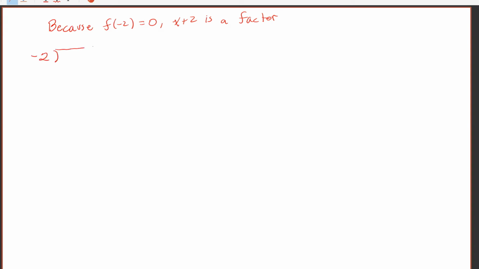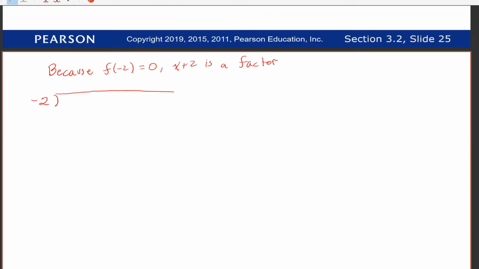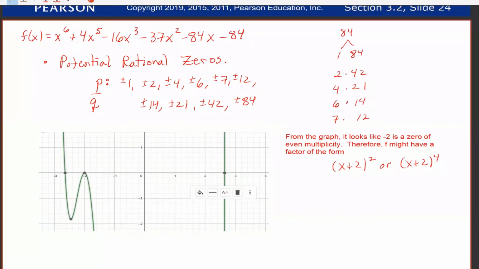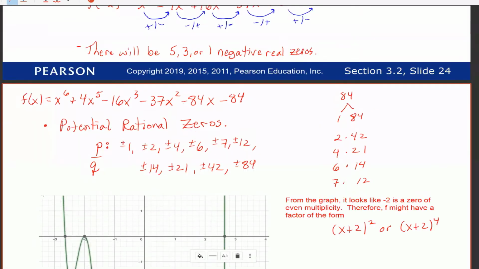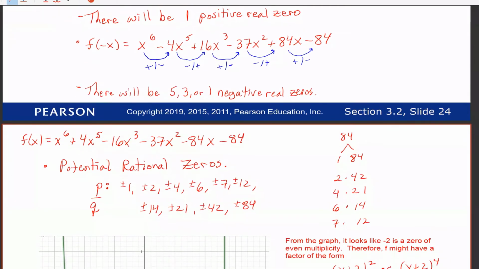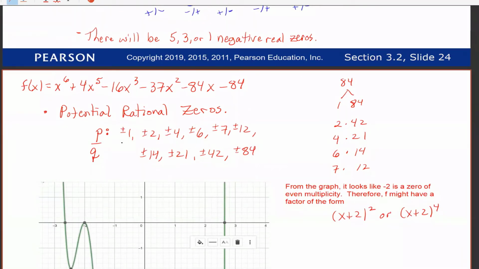-2 goes outside. And then I write down all my coefficients. 1, 4, -16. Oops, I'm missing some. No, yeah, 1, 4, 0, -16. I have to put 0 in because x to the 4th power is missing in the function. You see that?